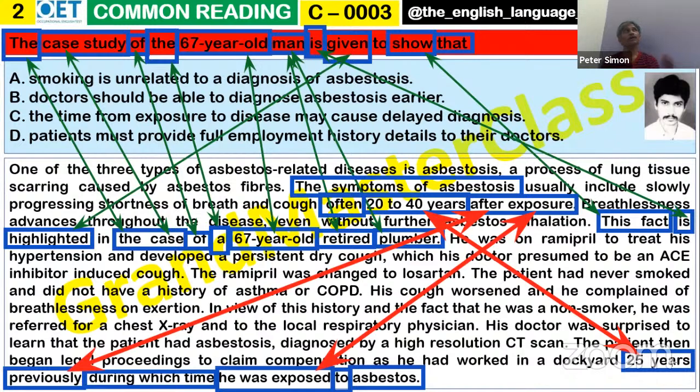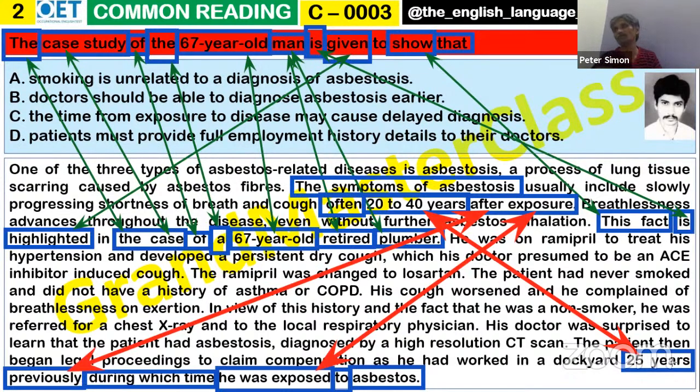So there is a lot of delay between exposure and showing signs and symptoms, because without signs and symptoms we cannot diagnose this particular disease. That is the problem. People will feel, I am fine, there are no symptoms of any disease.